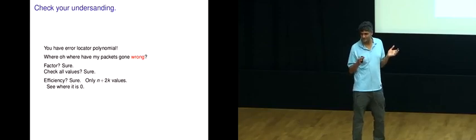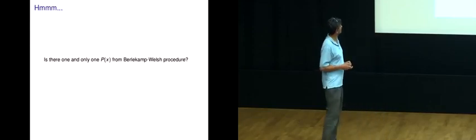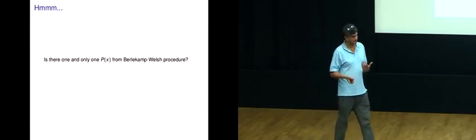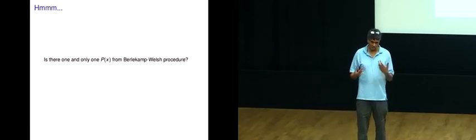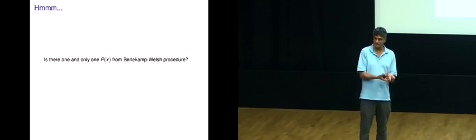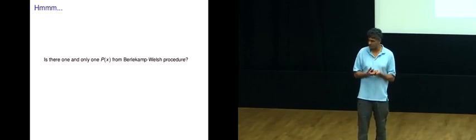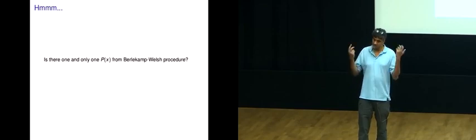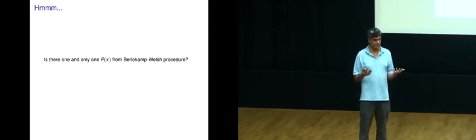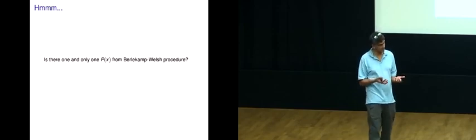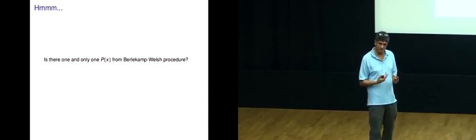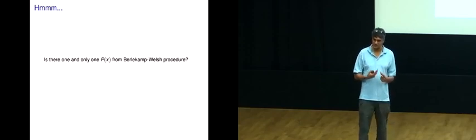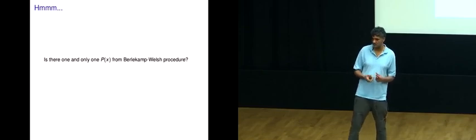Now, when I did it, I reconstructed p of x. Is that always going to be the case? It gives you n plus 2k equations and n plus 2k unknowns, but I still haven't fully argued that there will be a solution and there will be only one solution.